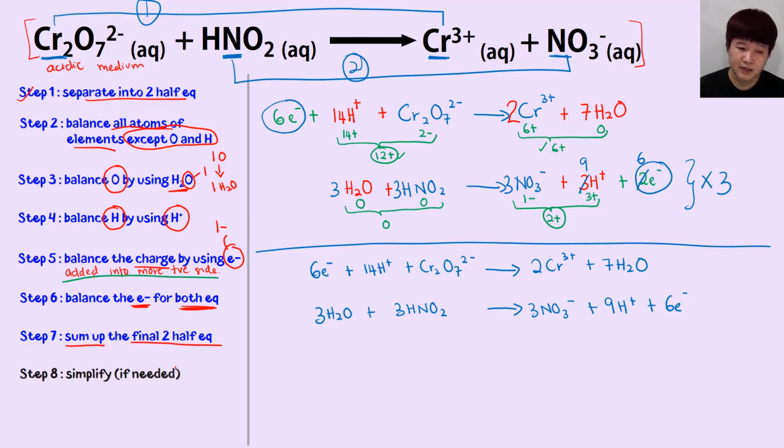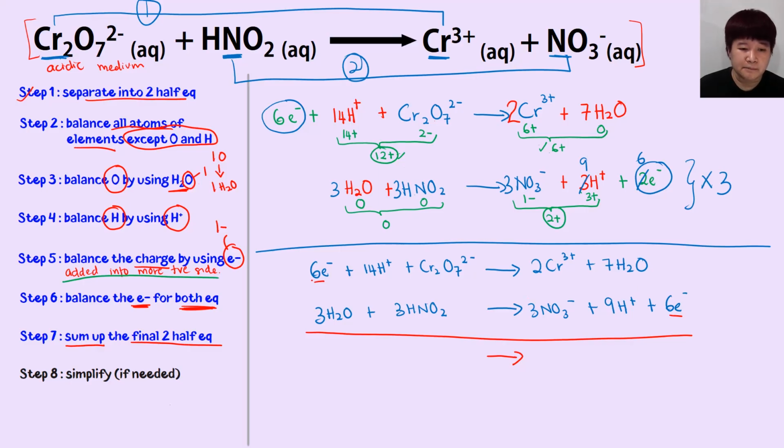How do we sum them up? Before you sum them up, you need to make sure the arrow is aligned. First. Second, the electrons must be in opposite directions for both half equations. One of the electrons must be on the product, another one must be on the reactant.